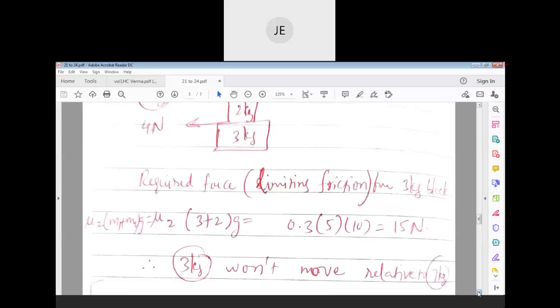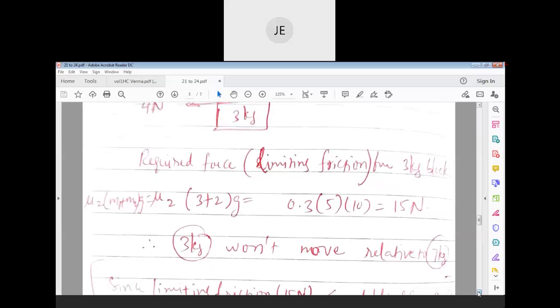Normal force is 3 kg and 2 kg, both you have to consider, 5 kg. So mu2 into m1 plus m2 into g is 0.3 into 5 into 10, that is 15 Newton required. So 3 kg won't move relative to 7 kg.